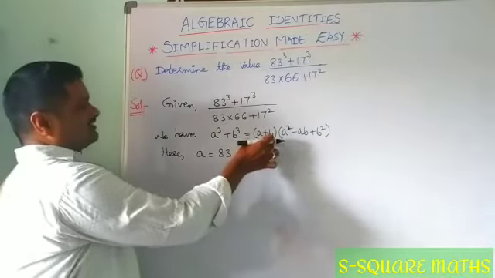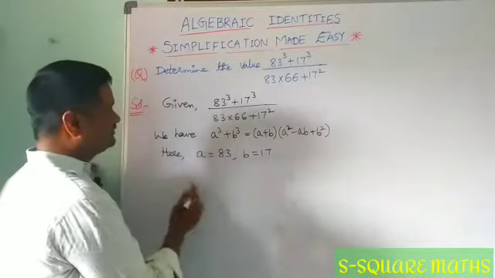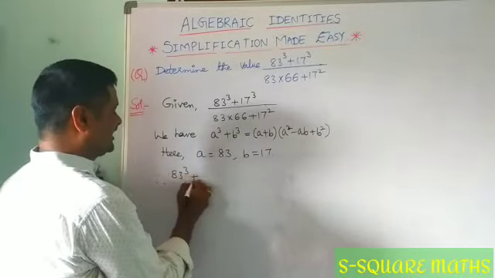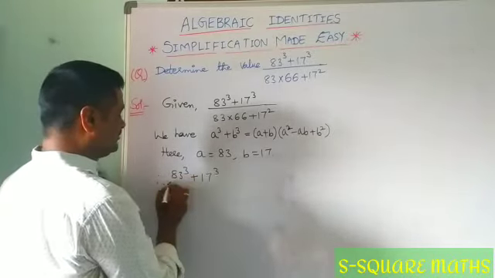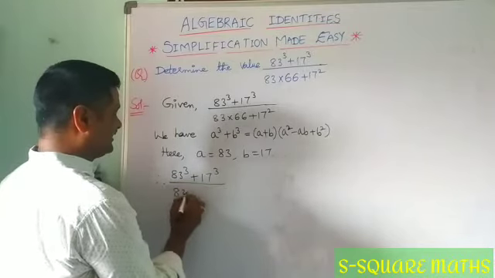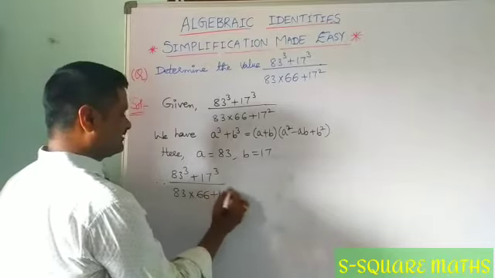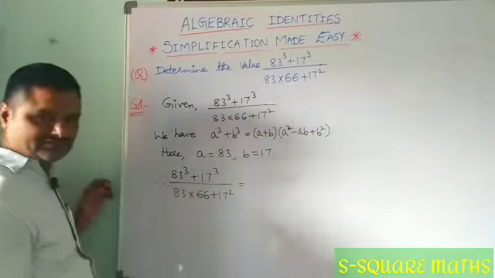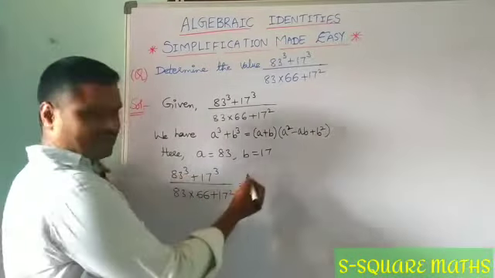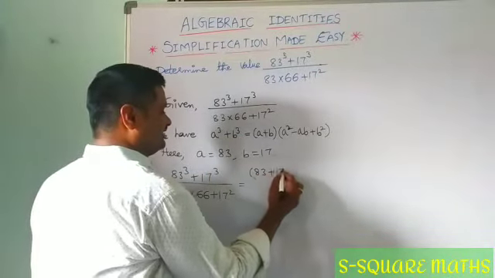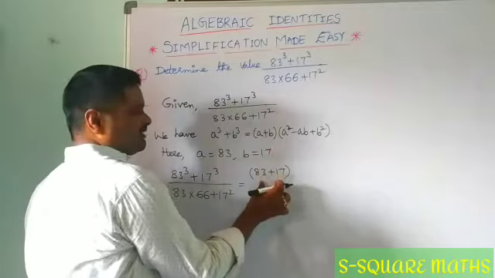So let us apply it for the numerator. Therefore I can write it as 83 cubed plus 17 cubed by 83 into 66 plus 17 squared. Now the numerator, applying a cubed plus b cubed, is 83 plus 17, so the a plus b part is completed.